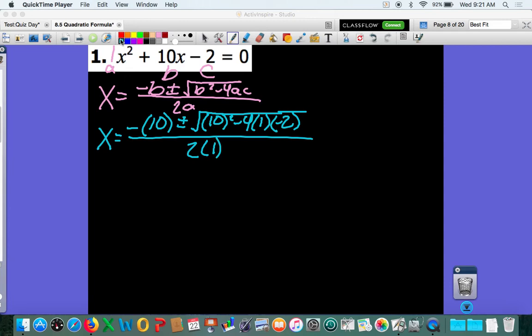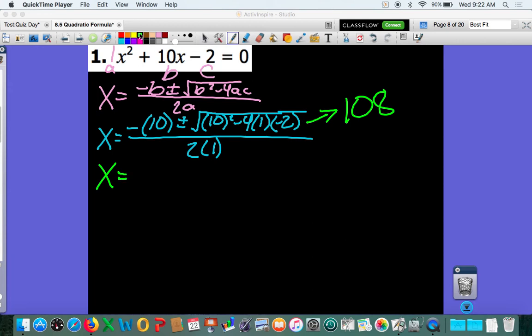Okay, it's filled in. After we fill it in, we need to solve for our discriminant. Our discriminant in this problem is 108. Again, it is positive, so that tells us that we will cross our x-axis 2 times and have 2 solutions. So let's simplify.